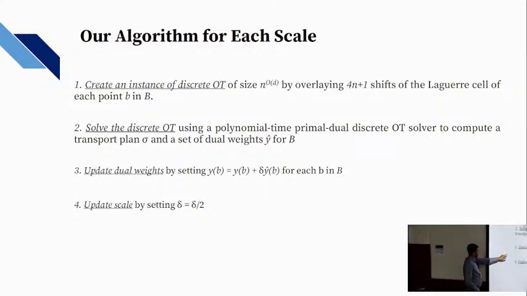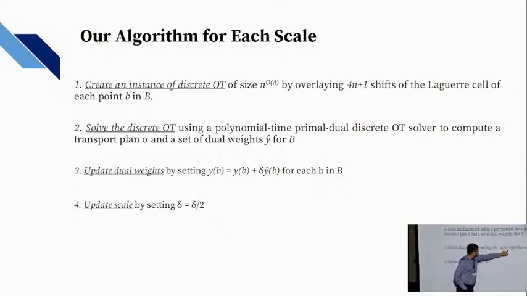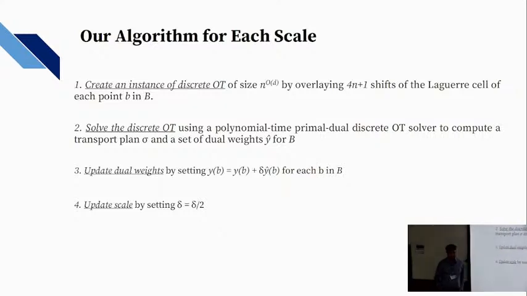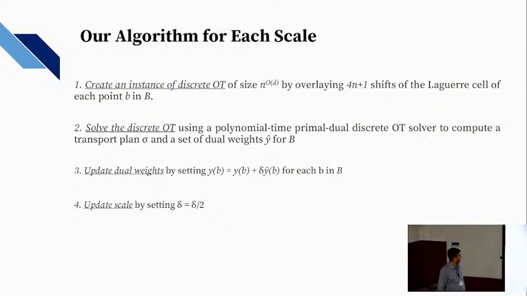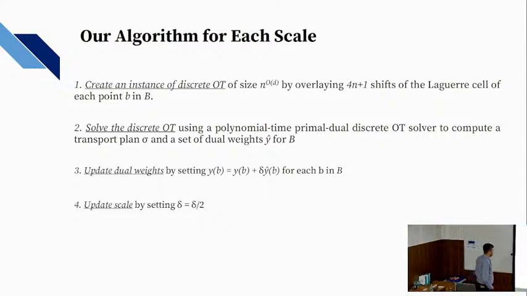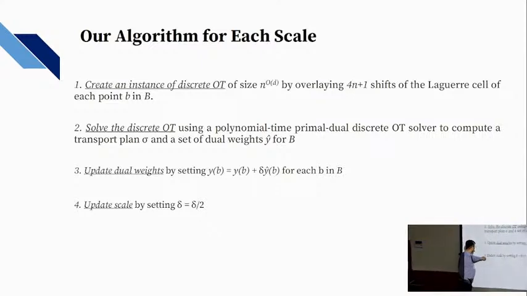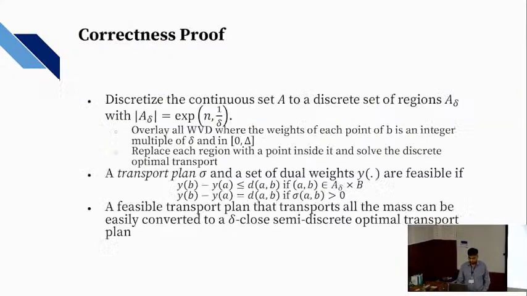And then you simply update your dual weights for this scale to be the old dual weight plus delta times the weight that was returned by the OT solver. And that's it. And then you update the scale and you continue. This is the algorithm. Okay. So why does this work?